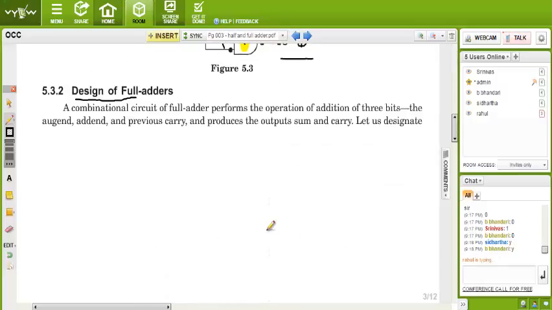See, I just told you, in case of addition of these, we need another digit that is called carry, because this carry should be added with that, then only our addition is completed, isn't it?